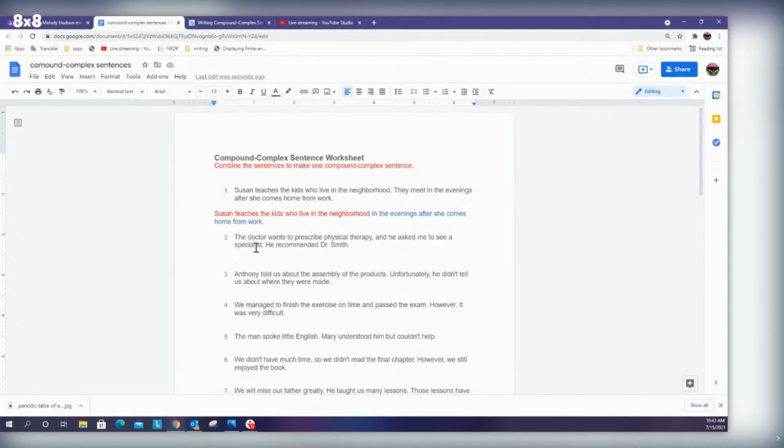Basically, I'm not going to make a lot of changes to this one. This would be my sentence. The doctor wants to prescribe physical therapy and asked me to see, well, we already know Dr. Smith is a specialist because he recommended him after asking me to see a specialist.